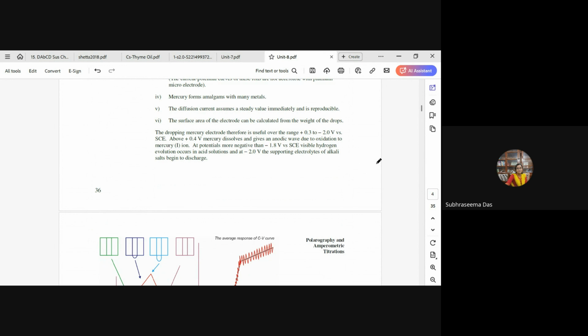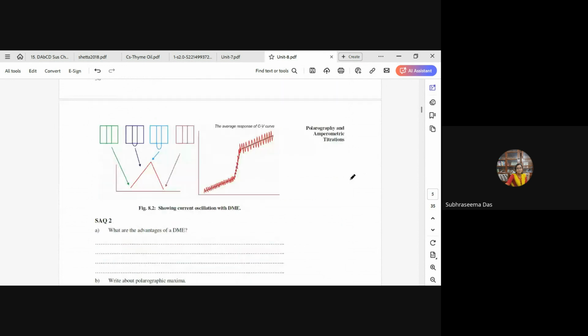The dropping mercury electrode therefore is useful over the range of plus 0.3 to minus 2.2 volt versus the SCE. Above plus 0.4 volt, the mercury dissolves and it gives an anodic wave due to the oxidation of mercury(I) ion to mercury(II). At potentials more negative than minus 1.8 volt, visible hydrogen evolution occurs in acidic solution, and at minus 2 volt the supporting electrolytes begin to discharge.